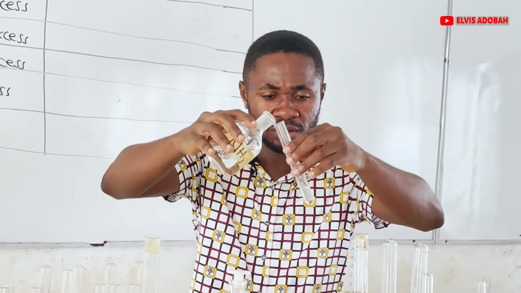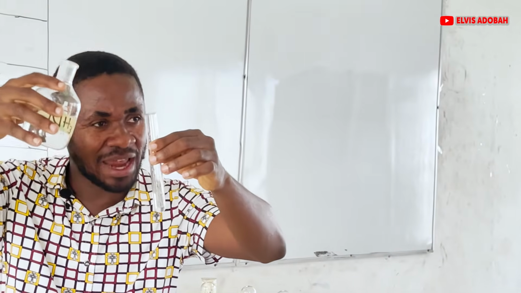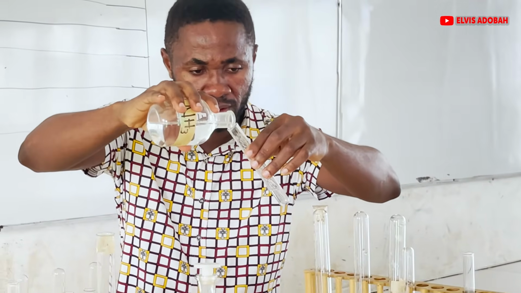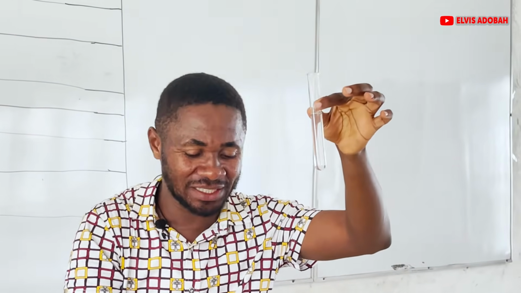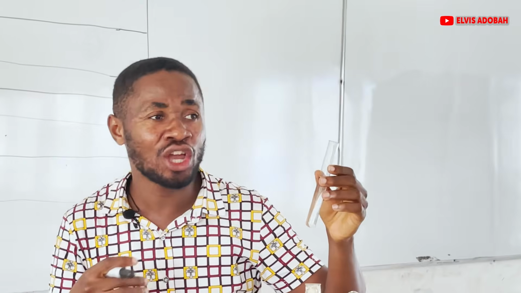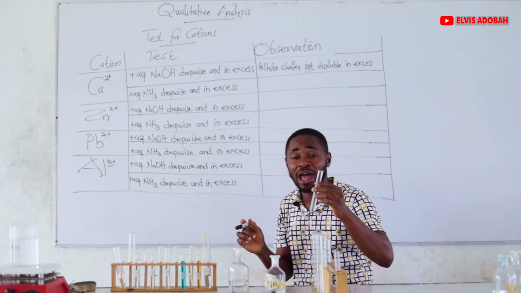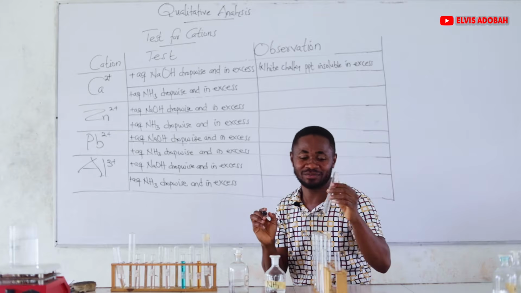A few drops, I'm not seeing any precipitate. Let me add it in excess and see. In excess, I'm still not seeing any precipitate at all. So how would I record this one? Two ways. I could say no visible change or no visible reaction, or I could write no precipitate formed.